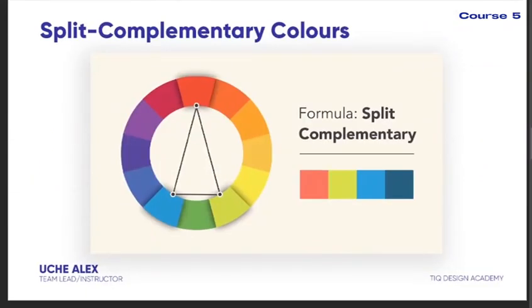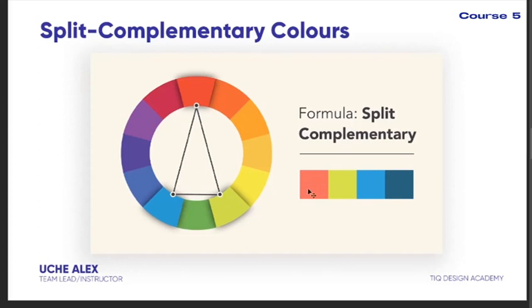Let's look at the split complementary color harmony, where we are supposed to have 3 colors. Here we already said that the split complementary color uses the colors on either side of the complement. So here we have red, and directly opposite we have green. Instead of choosing green, the split complementary rule says you choose the colors on either side of the complement, which is blue and the lemon, or as we have been calling it, the green yellow.